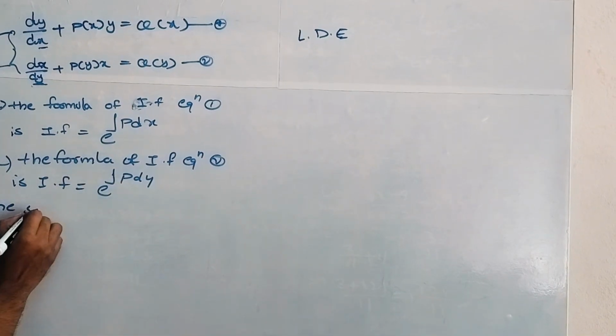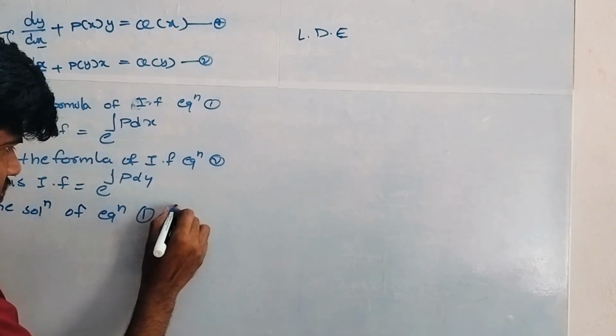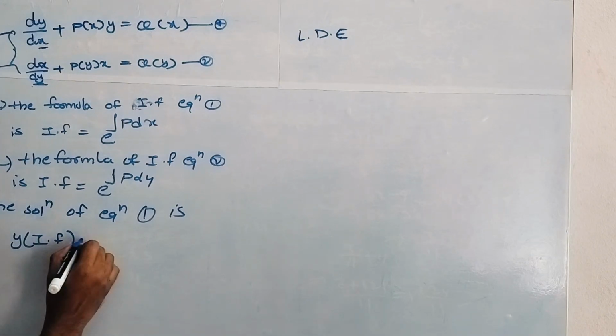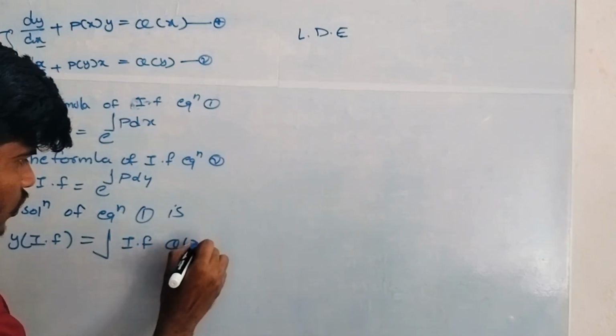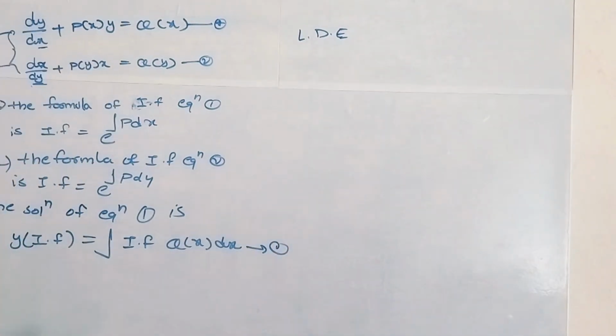The solution of equation number 1 is y into integrating factor equal to integral of integrating factor into q of x dx. This is the equation number 1 solution.